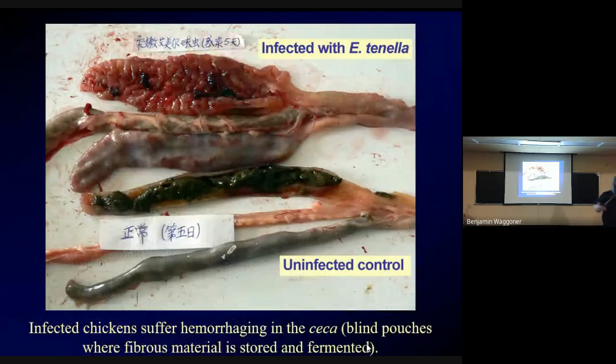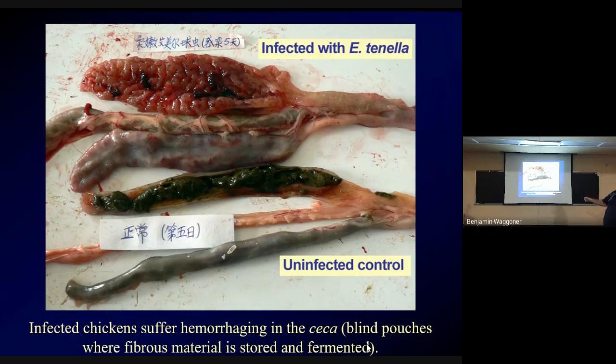This is what this looks like. These are chicken ceca. That's blind pouches in the gut where fibrous material is fermented, analogous to your appendix or the ceca. There's lots of mammals that have a cecum, especially leaf-eating mammals like rabbits. On the bottom, you can see what an uninfected cecum looks like on the inside.